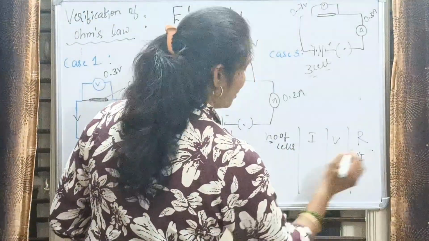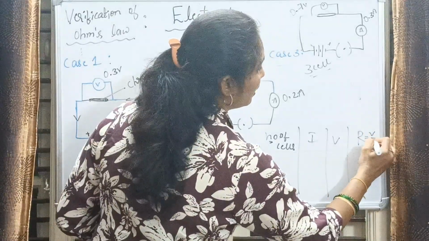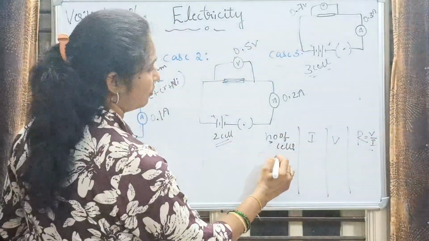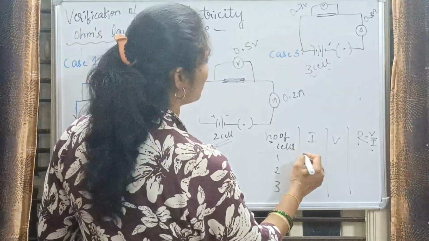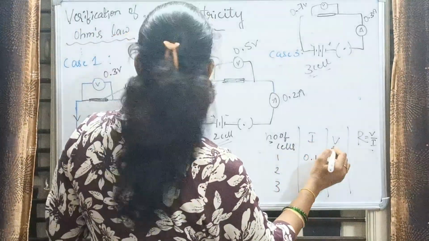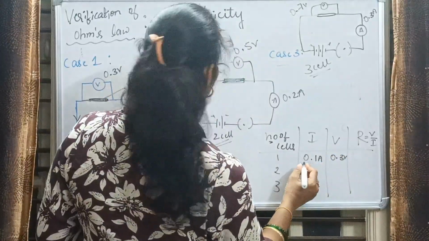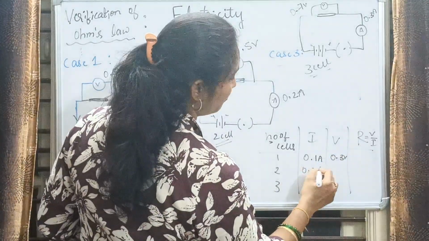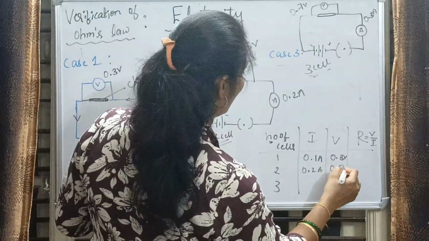R is equal to V by I. I'll write it here. I'll take the first cell, second cell and third cell. For the first one, I is 0.1 and the voltage is 0.3 volt. For the second one, it is 0.2 and around 0.5 volt.